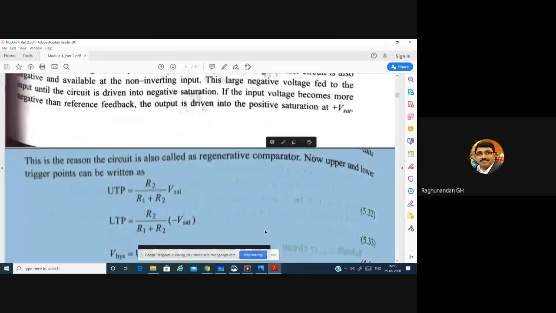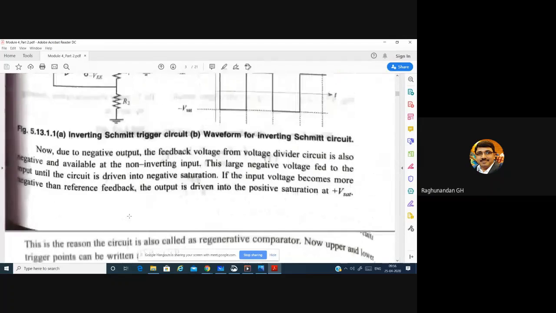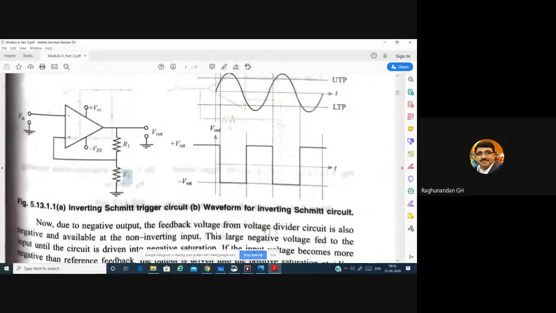That indicates that the UTP and LTP are decided by the voltage drop across R2. Based on the voltage drop across R2, we decide what our UTP and LTP should be.